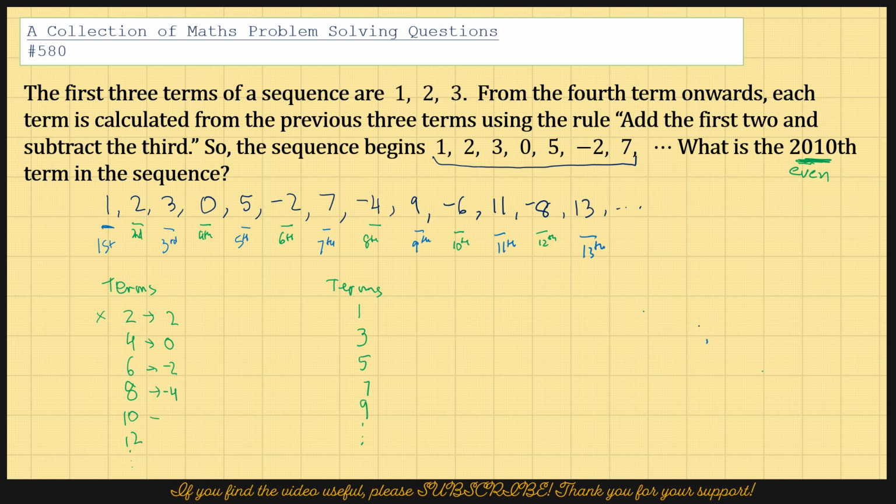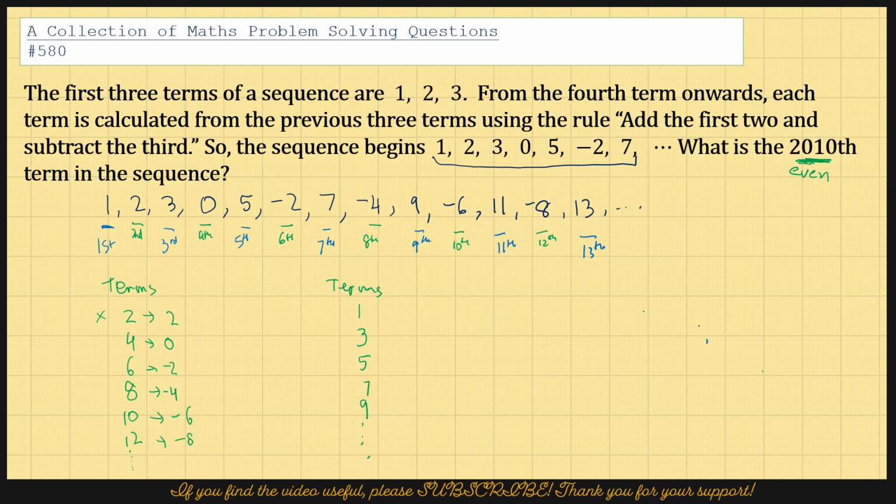So the 10th term would be minus 6. Sorry, I got that wrong earlier. Minus 6. So again, there's a difference of 4: 10 minus 6 is 4. And then the 12th term is minus 8.